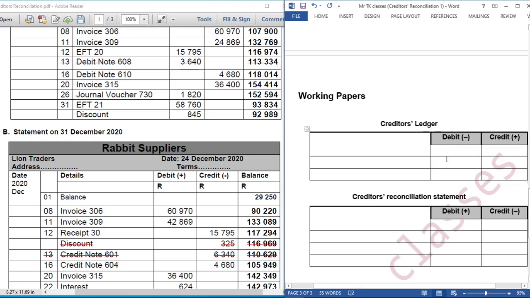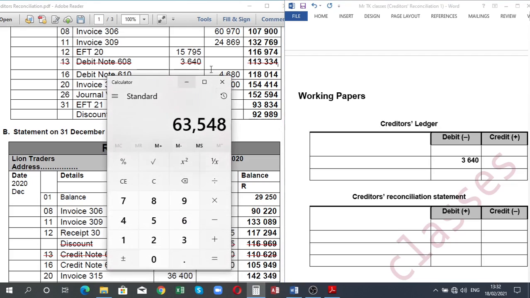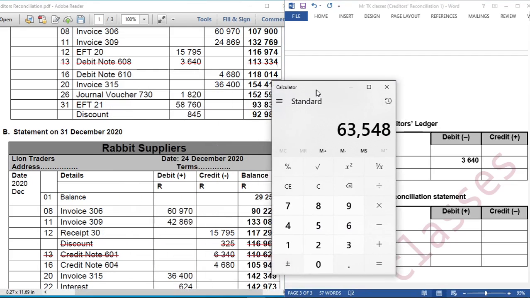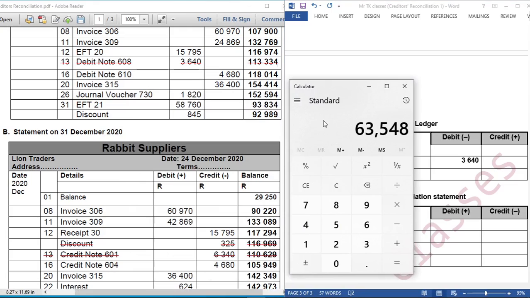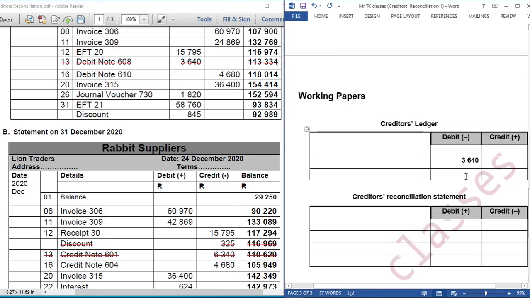We want to make that amount a correct amount. So we can see that this return was understated. It was understated by what? We are going to say 6,340 subtract 3,640, by 2,700.